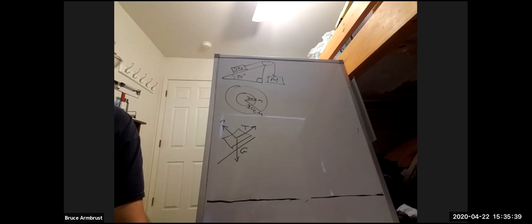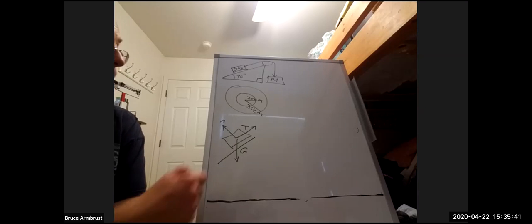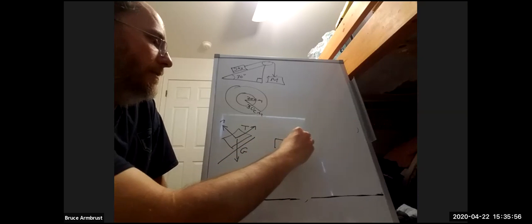And what we know is that our goal is for those 3 things to all balance each other out. All right, so that's that block. Let's go to the hanging block. So that hanging block, what are the forces acting on it?